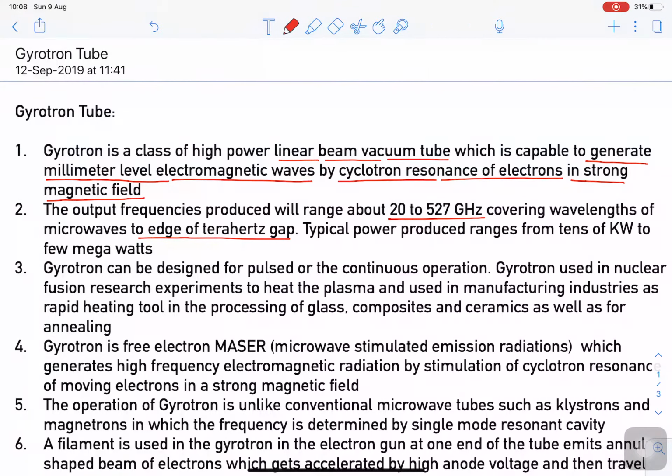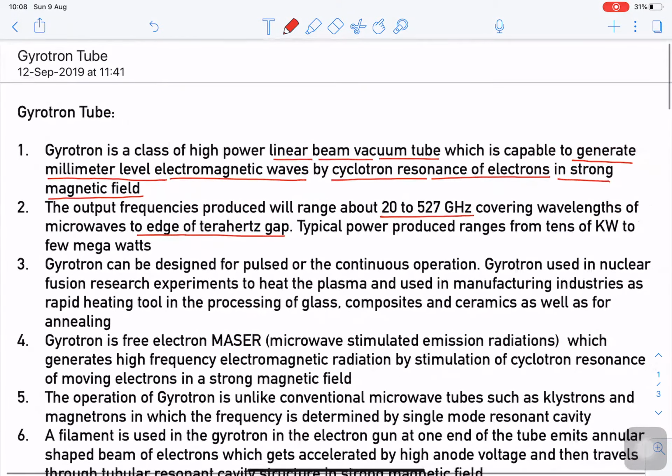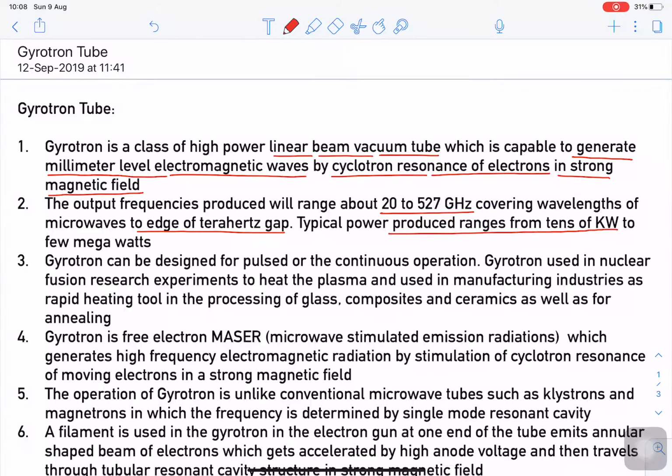The typical power produced in this range is from tens of kilowatts. Please remember, it is again a significant sentence: the power generated at these frequencies of operation. Say we are generating a frequency of 20 gigahertz to 520 gigahertz, and these high frequencies are generated at a power level of a few tens of kilowatts to a few megawatts.